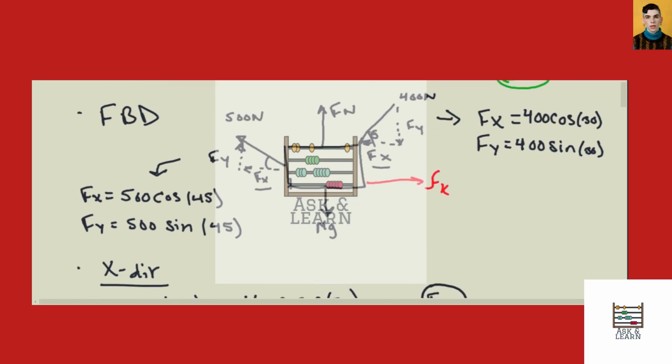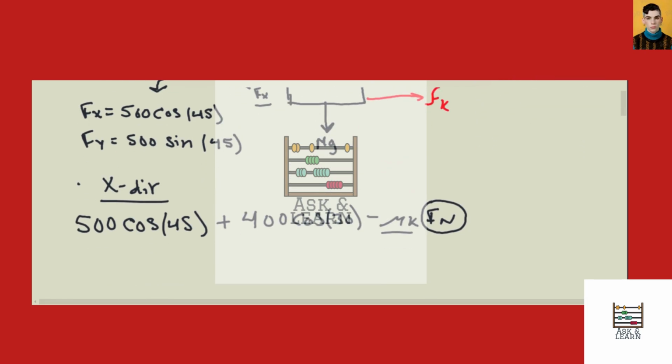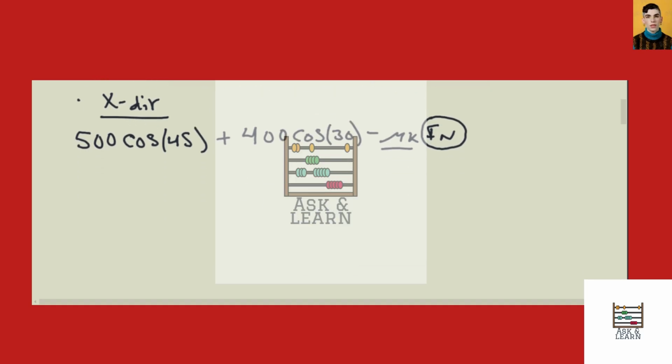So we're given mu k, what we're not given is f of n. Looking back at the diagram, f of n is in the y direction, so now we have to go find the forces in the y direction, solve for f of n to plug back in to our equation for the x direction.